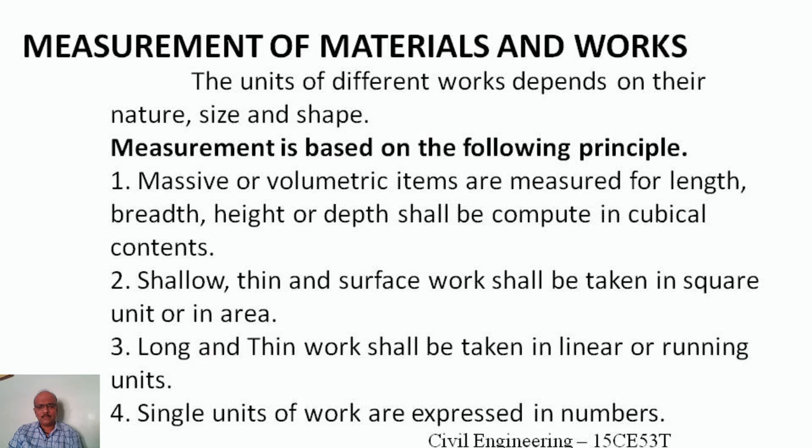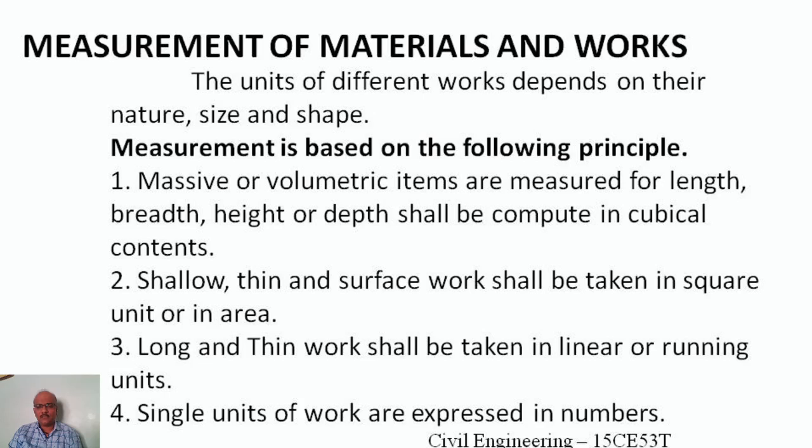In the second case, shallow, thin surface works are taken in square meter, where the unit of measurement is an area. The measurements of length and breadth are taken, and the thickness or height will be uniform. Those items are measured in square meter.